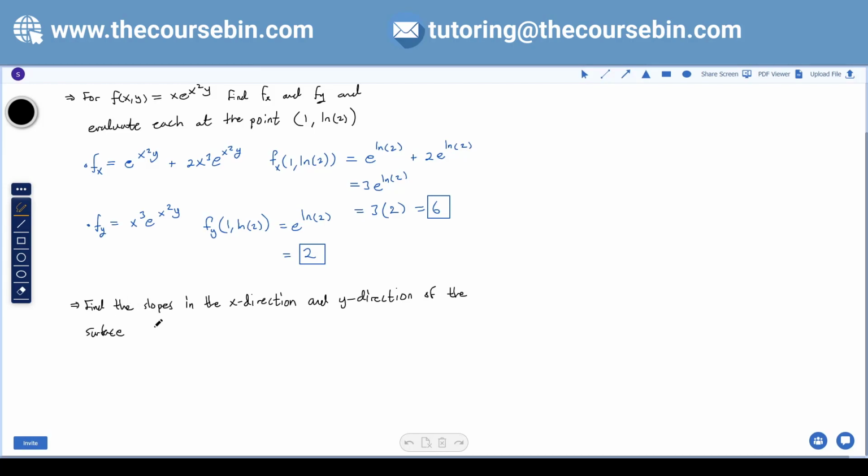Our surface is f of xy equal to negative x squared over 2 minus y squared plus 25 over 8. So this is our surface, and we need to take the partial derivatives of this.